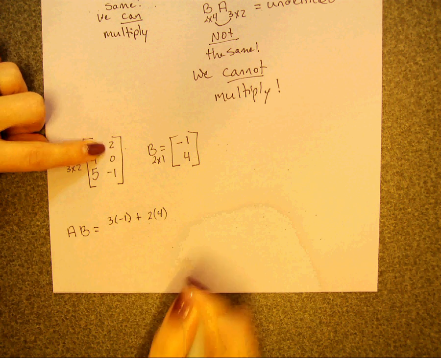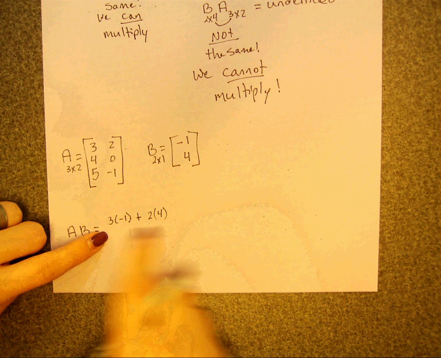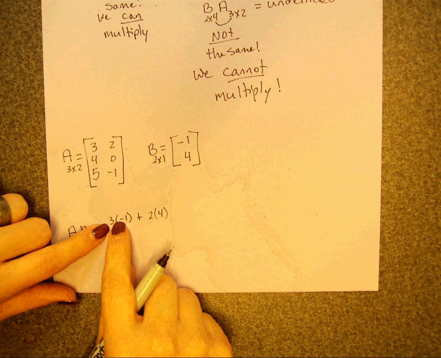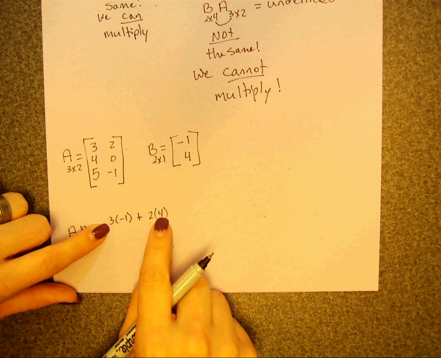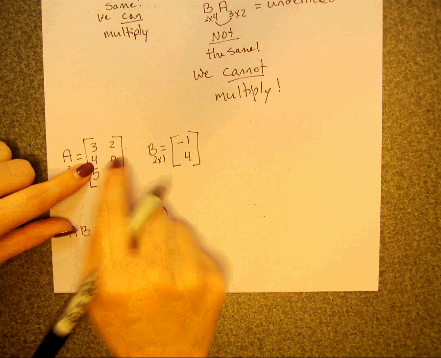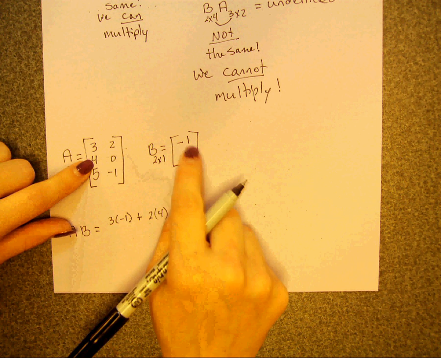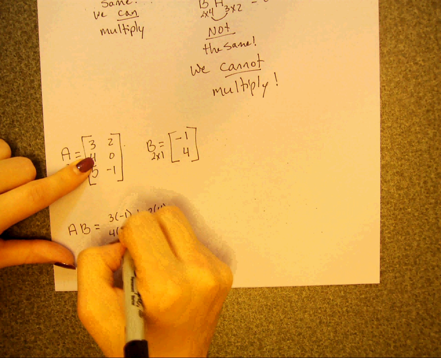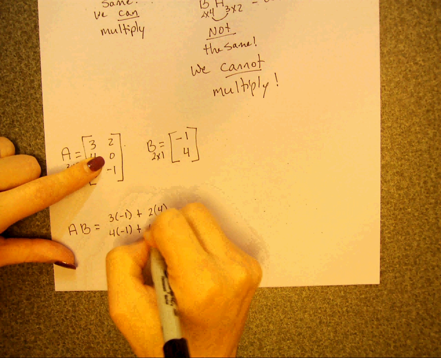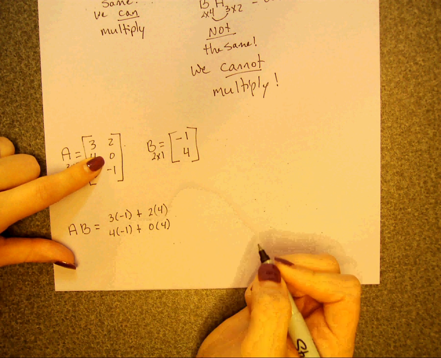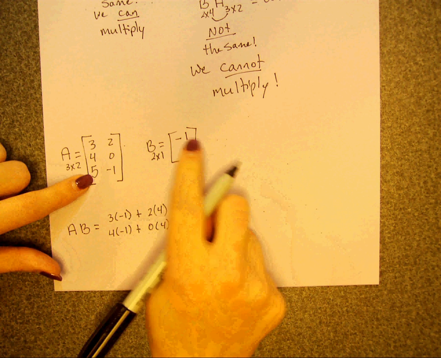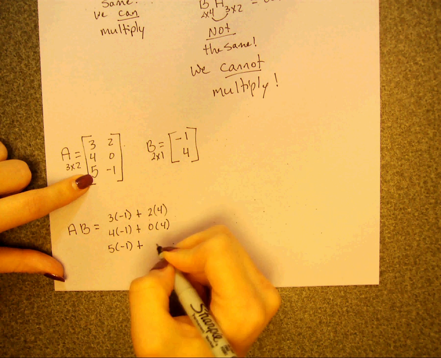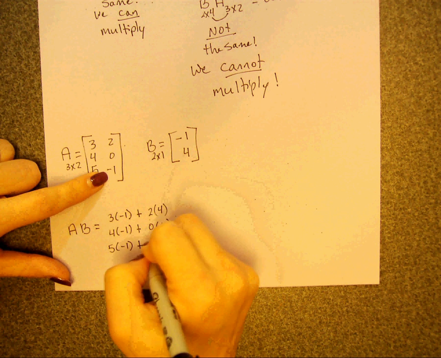And that'll give me my first position in my new matrix. So first row, first column. Now I'll go to the next row, and same thing: 4 times negative 1 plus 0 times 4. And now the last, 5 times negative 1 plus negative 1 times 4.